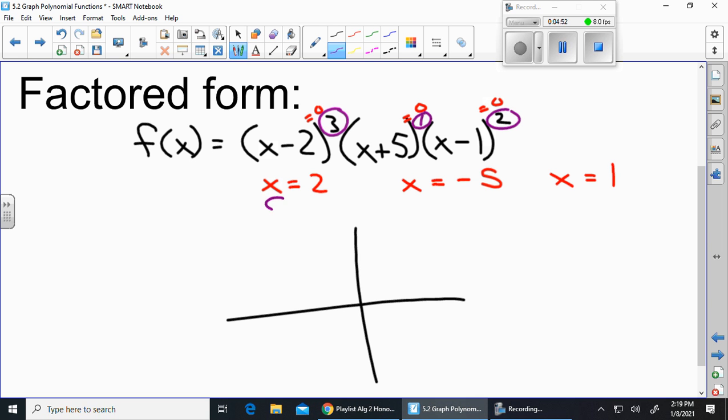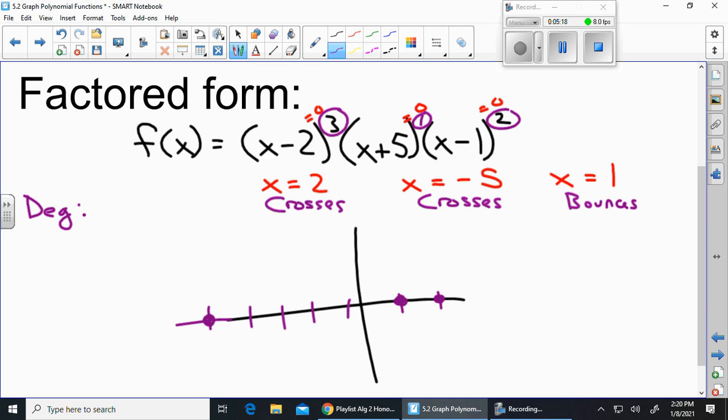Odd degree crosses. Even degree bounces. So I know I have a dot at 1, a dot at 2, and a dot at negative 5. But how are my arrows going at the end? I need the degree of the whole thing.